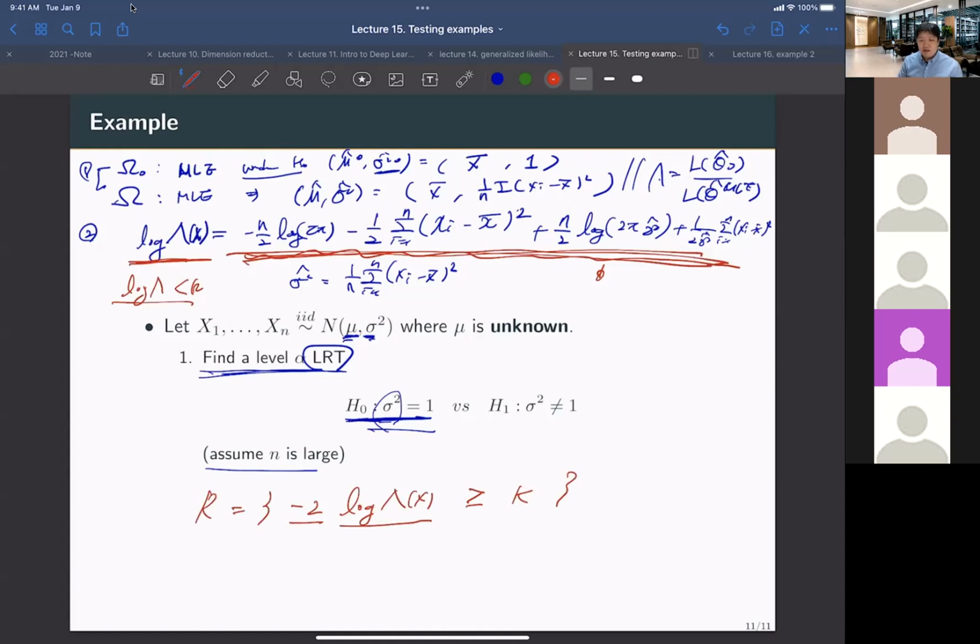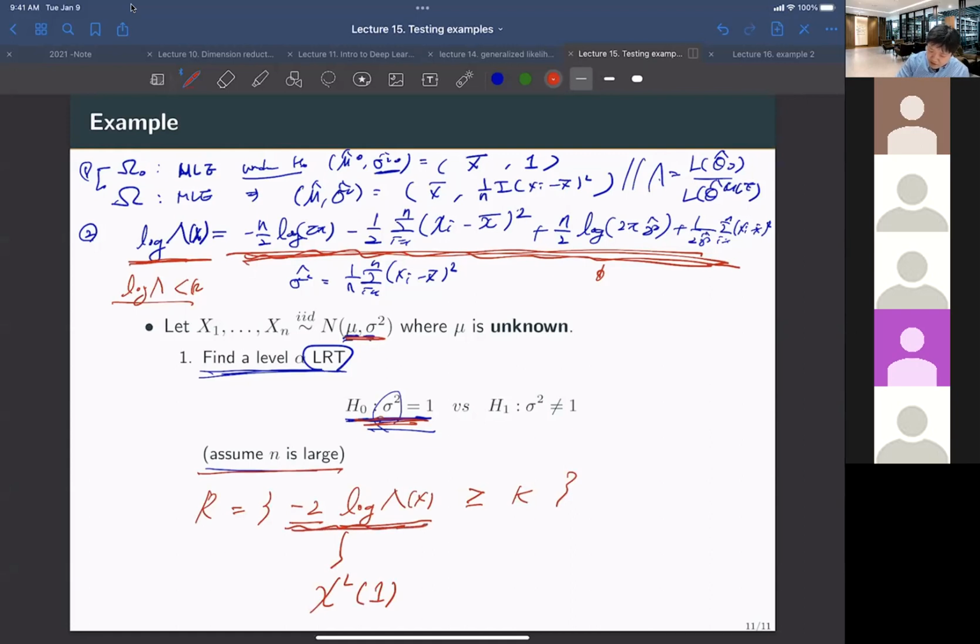This is the rejection region in the log likelihood ratio test. And assume n is large, it will follow a chi-square distribution with 1 degree of freedom, because the difference between the dimensionality of the free parameters under the null hypothesis is 1.